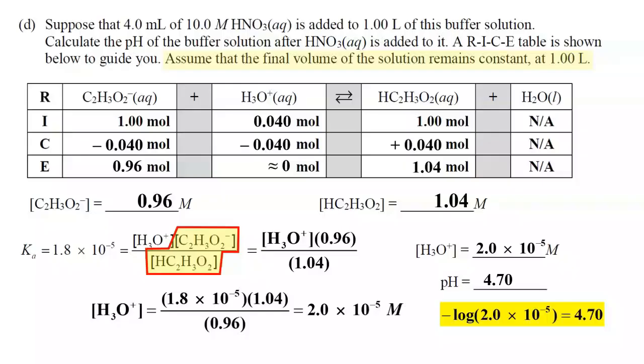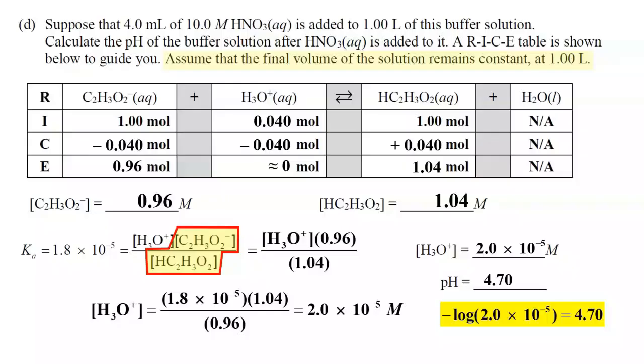So before the strong acid was added, the ratio of acetate to acetic acid was exactly 1. Now, after the strong acid was added, the ratio is 0.96 divided by 1.04. So did the ratio change? Yes, but only by a small amount, and that's why the pH only changed by a small amount.